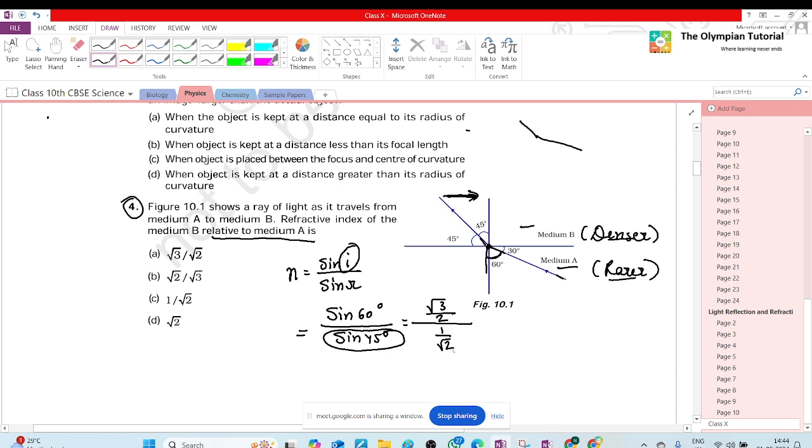It is 1 by root 2. You told me root 2 by 2. After simplifying it, you will get 1 by root 2. But you have to write 1 by root 2. So the final value will become, after calculating this, what will we get?